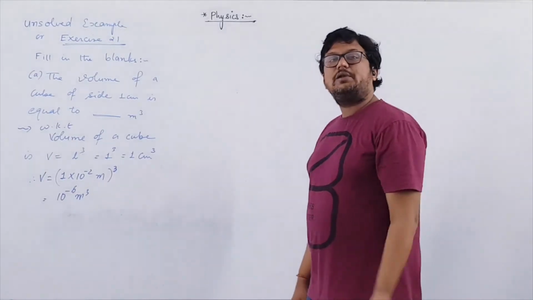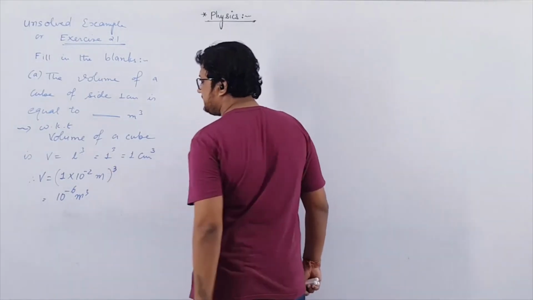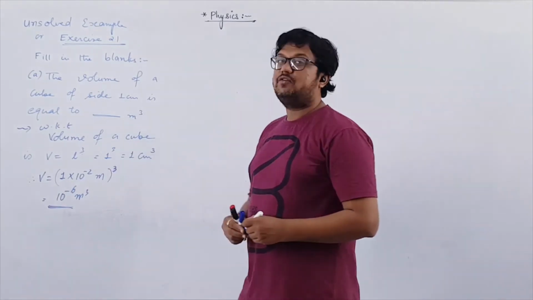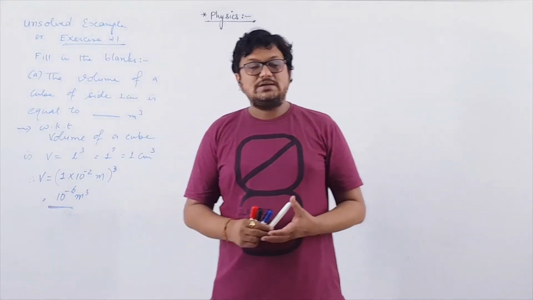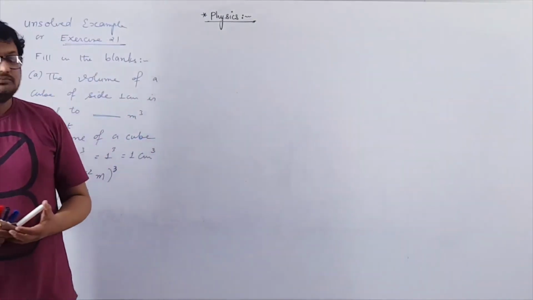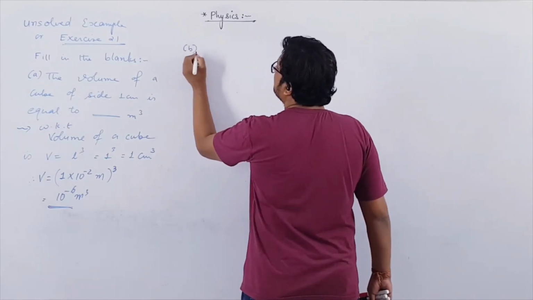Power of power will always be multiplied. This will be our answer. So the volume of a cube of side 1 centimeter is equal to 10 to the power minus 6 meter cube. Now the second one is B.